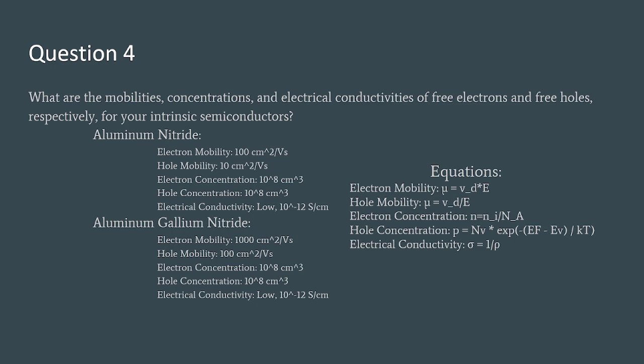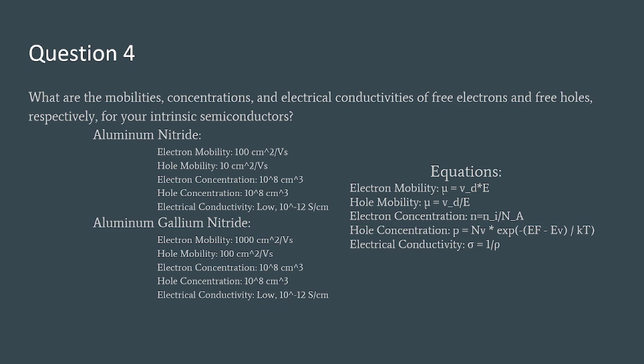To get the hole concentration, we used the fourth equation on the right, which gave us the same answer, 10 to the 8th per centimeter cubed. And to get the electrical conductivity, we used the last equation on the right, which gave us 10 to the negative 12th Siemens per centimeter, which is very low.